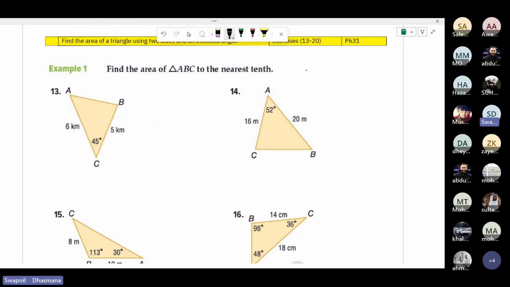So to find the area of a triangle, if it's a triangle, you see there is no angle here.